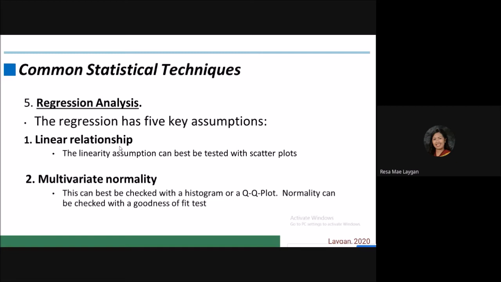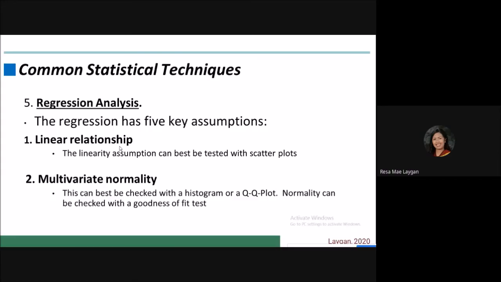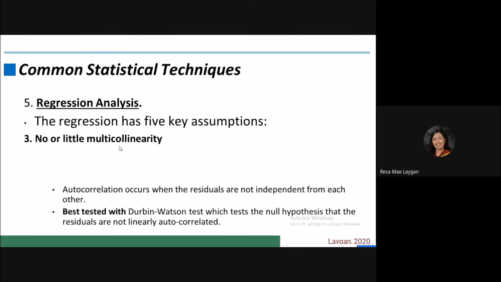This can best be checked with a histogram or a QQ plot, to see if a certain variable is positively skewed or negatively skewed, and then we decide if we need to transform this variable into log form or exponential form. And the normality can also be checked with a goodness of fit test. There are various goodness of fit tests that can check the normality of your data.